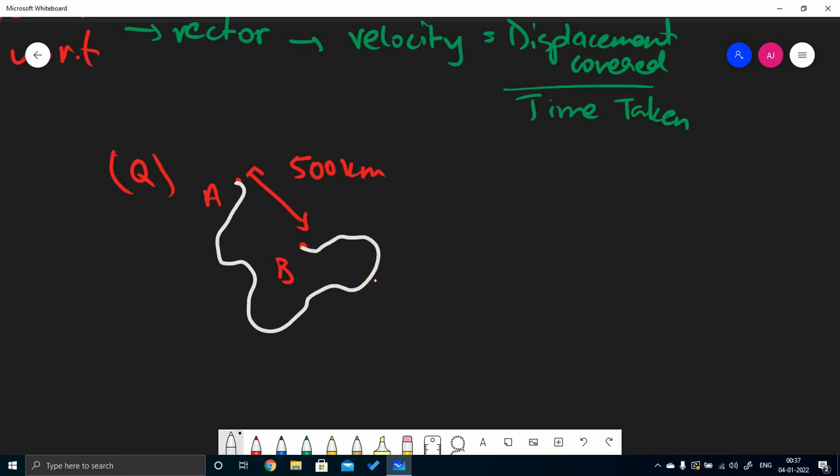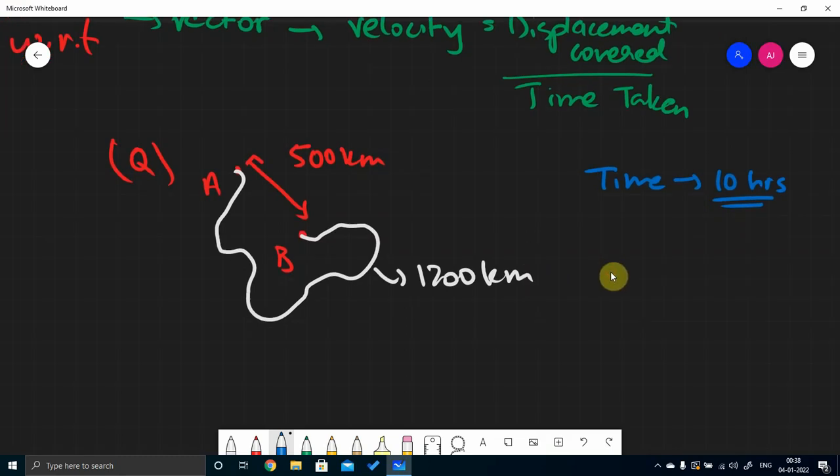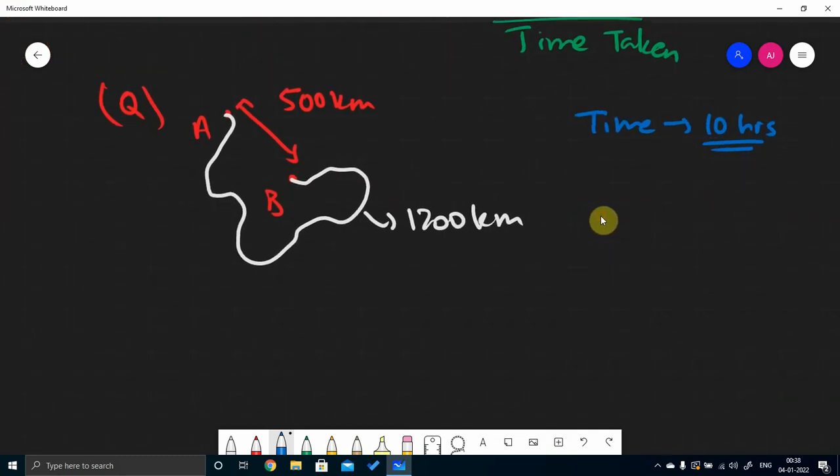The entire path length of this route is actually 1200 kilometers. The time given to me is 10 hours. It took me 10 hours to move from A to B. Now, can you tell me the velocity and speed?